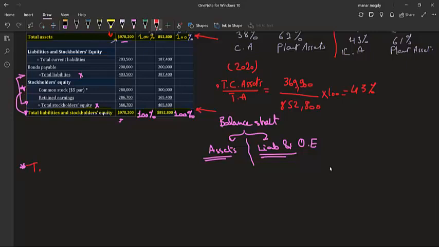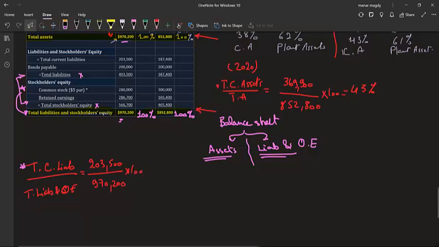Total current liabilities divided by the total liabilities and stockholders equity or owners equity. So we're going to divide that 203,500 divided by the 970,200.